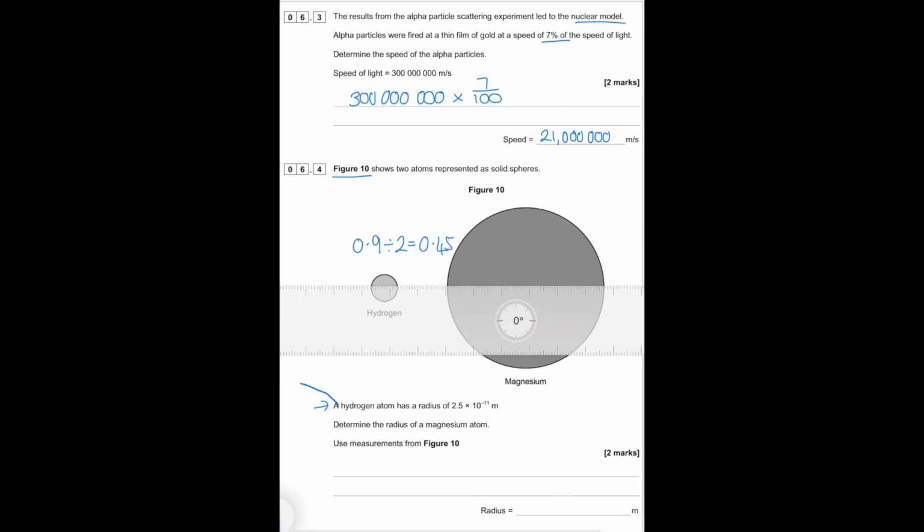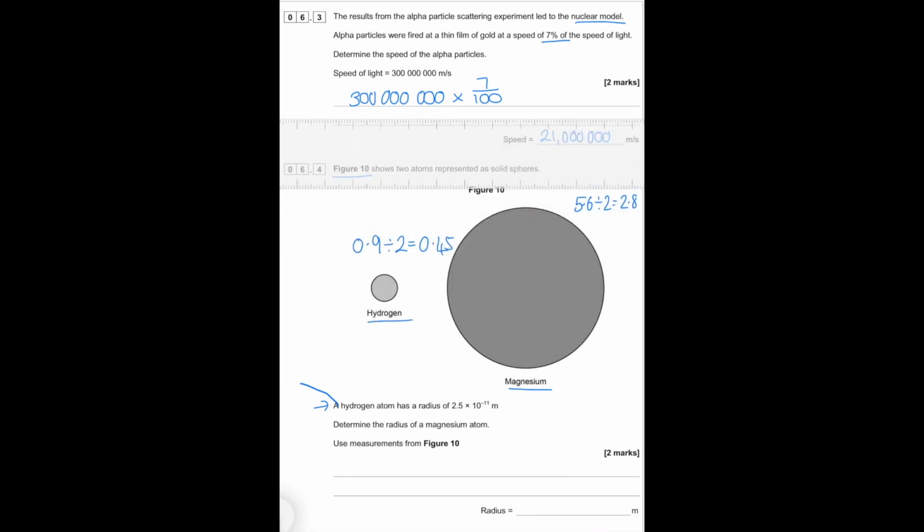Now, if we look at the diameter of the magnesium, we have 5.6, and again divide it by 2 to get the radius, and that gives us 2.8. So to work out how much bigger the magnesium is compared to our hydrogen, we can do 2.8 divided by 0.45, and that gives us an answer of 6.2.